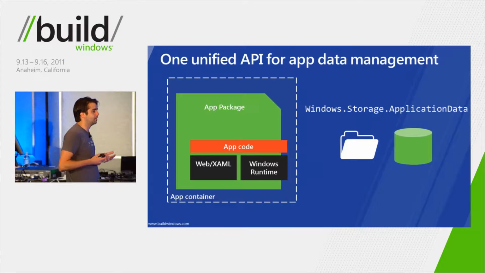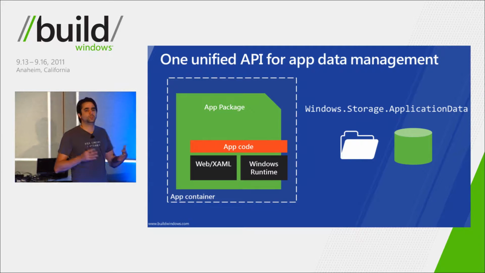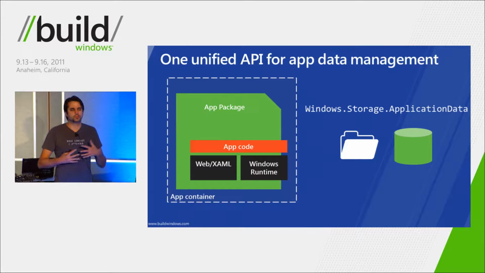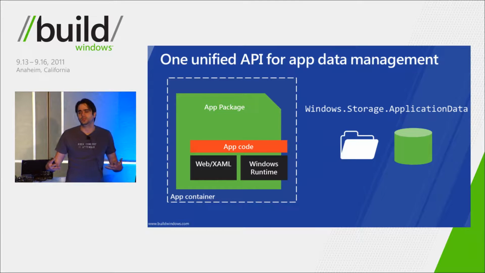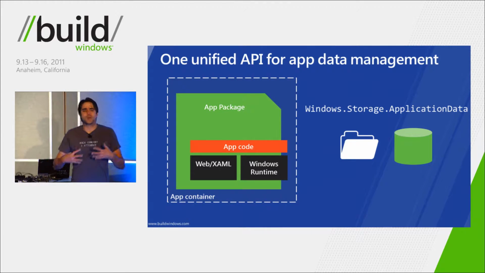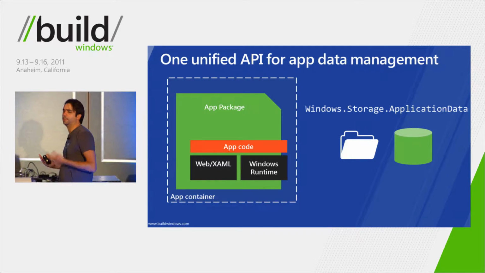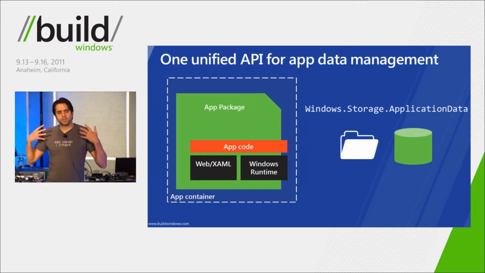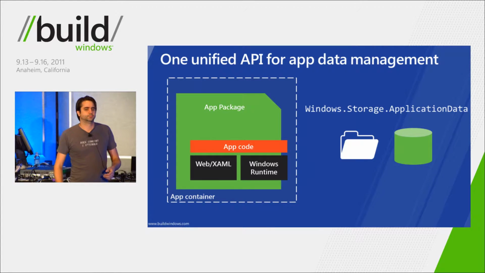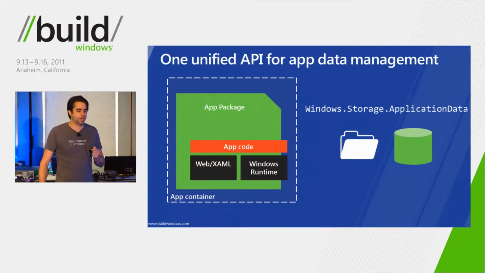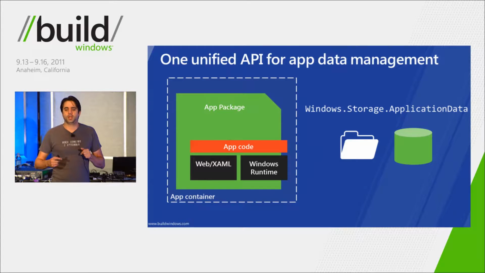Roaming settings are the things that once you set them once, you really want them to be everywhere. When you're setting up your experience as a user in an application, you want to do that one time and just have it be everywhere. So the example I usually use is a mail client. Every time I install Outlook and I launch it for the first time, I immediately have to go in and set my signature.